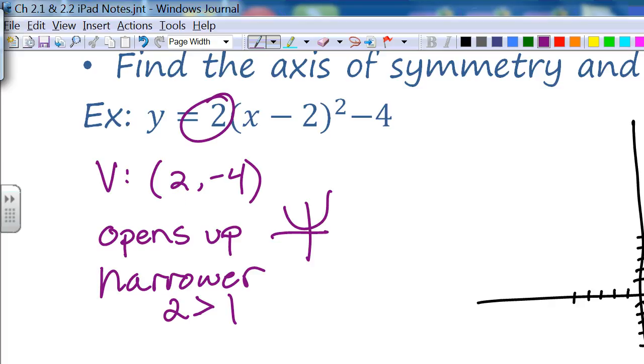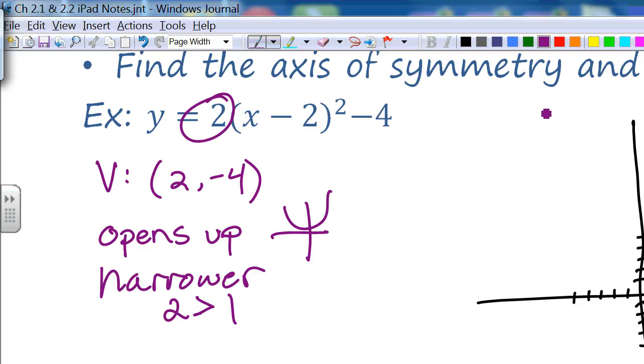What I'm going to do now is pick a few points. I know that the center of this figure has an x of 2, so I'm going to go either side. I'm going to go 1 and 3, and then one more, so 0 and 4.